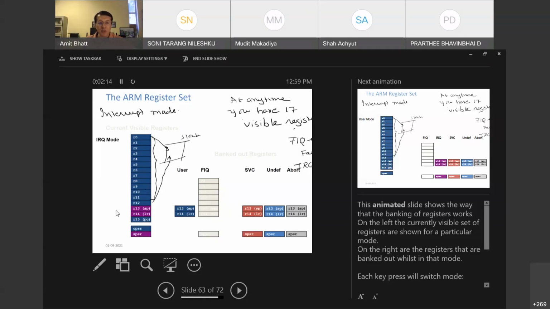Then it would say, I'm not going to use the R13 of the user program or the R14 register of the user program. I'm going to keep them as is, but I've got my own R13 and R14. So I have my own stack pointer and my own link register. Of course, I'm going to override the program counter, and I'm also going to use this CPSR.